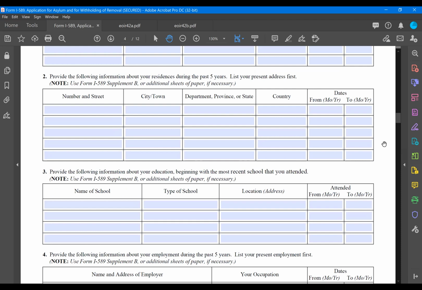What I see a lot in question 2 is people saying, well, you know, I went and lived with my sister-in-law for just a couple of weeks because I was in danger. And then I went back to my home. And then I went for a month to the country with my uncle because I was in danger.